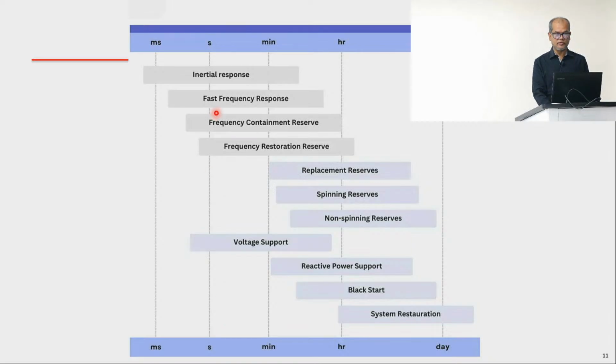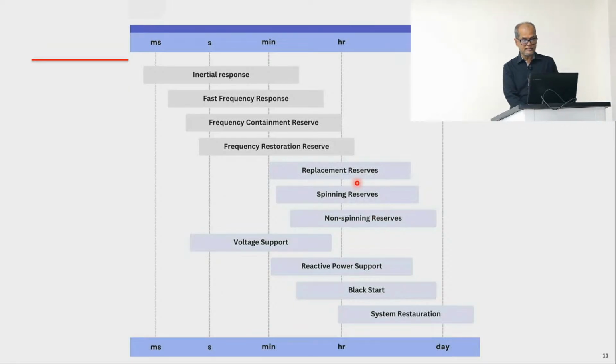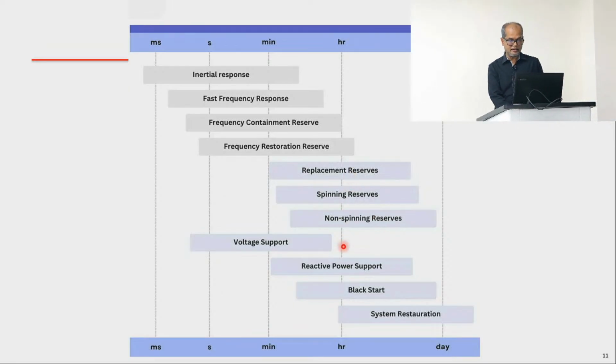When the frequency is changing, whatever the service is, you need to provide it from seconds to minutes, a fraction of a minute. And then spinning service and other things might be in the hour, and reactive power and black start could be in an hour to days.